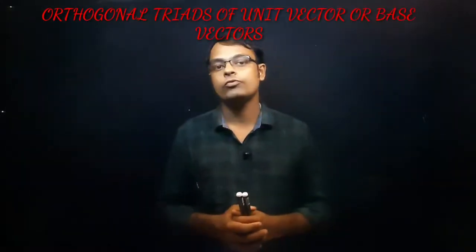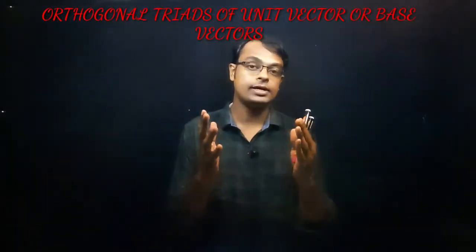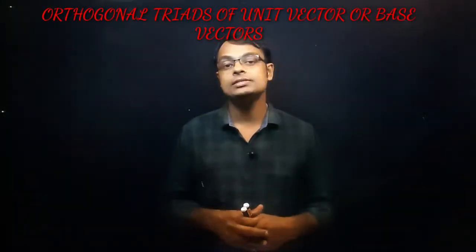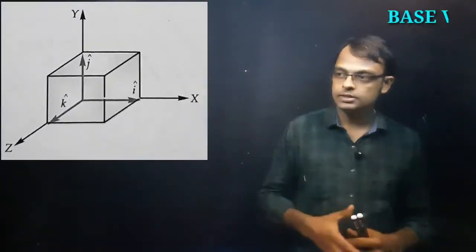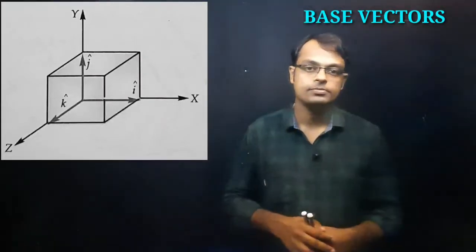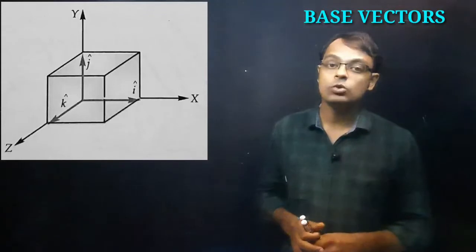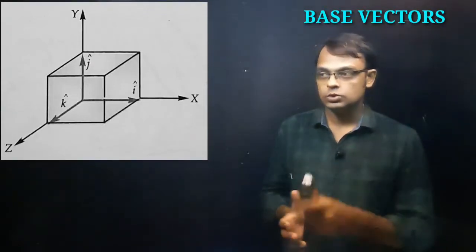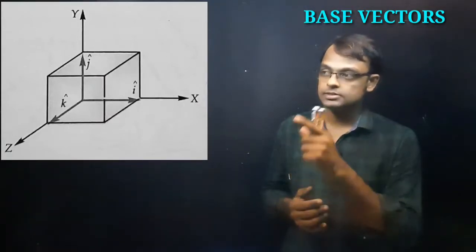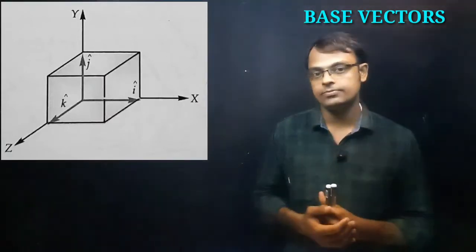Now let's discuss the orthogonal triads of vectors. That is, orthogonal triads of unit vectors, also called the base vectors. For that, just see one diagram here. You can see in this diagram a Cartesian coordinate system is given, with all the positive axes along the x-axis, y-axis and z-axis.